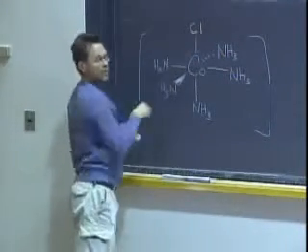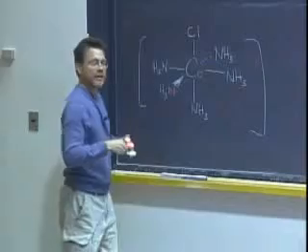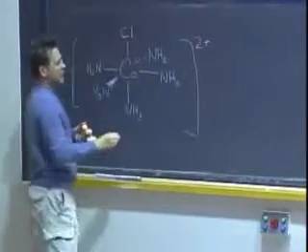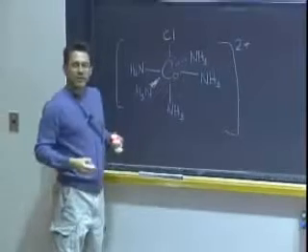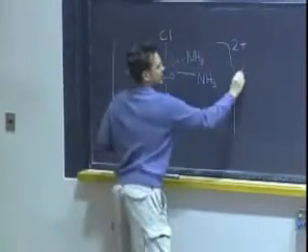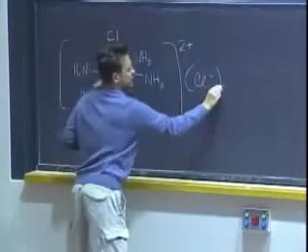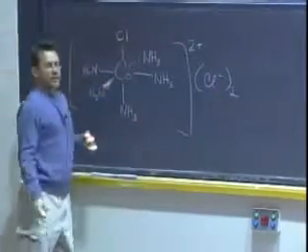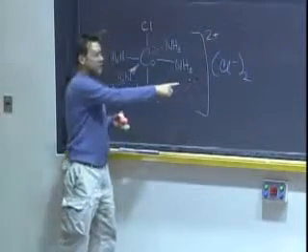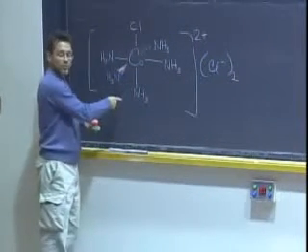It's bound directly to the metal, and it is serving as a ligand. And this species, therefore, has a 2+ charge. The cobalt ion is still considered here to be in the +3 oxidation state, and this system is balanced by 2 chloride ions that are floating around externally in solution and that are not in the primary coordination sphere.